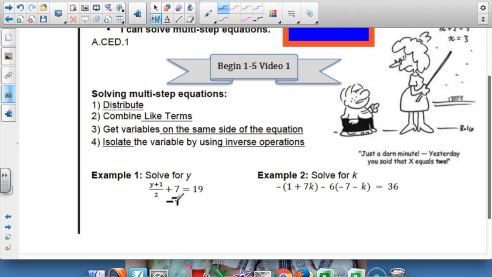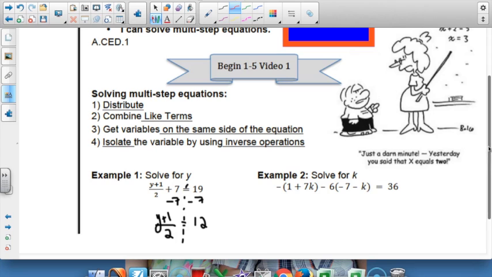So I'm going to go ahead and get rid of that 7 first by subtracting it from both sides of my equation, or of my equal sign, which serves as a wall between the 2 expressions. And that's going to leave me with just y plus 1 over 2. And over here, 19 minus 7 is equal to 12.